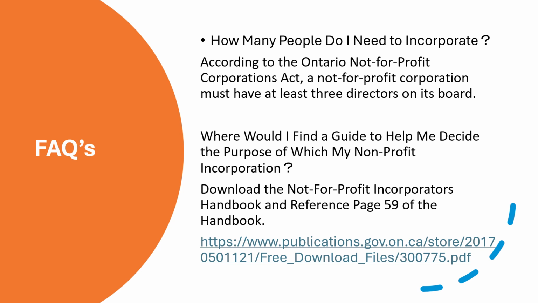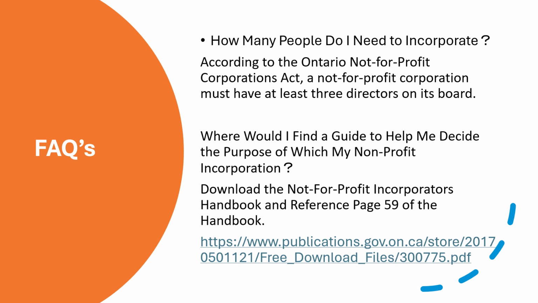So you would need to know, how many people do I need to incorporate a nonprofit corporation in Ontario? According to the Ontario Not for Profit Corporations Act, a not for profit corporation must have at least three directors on its board.